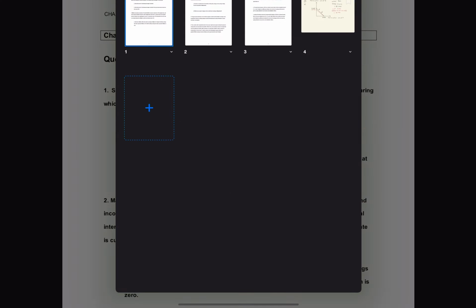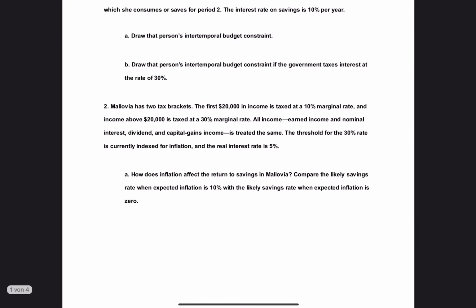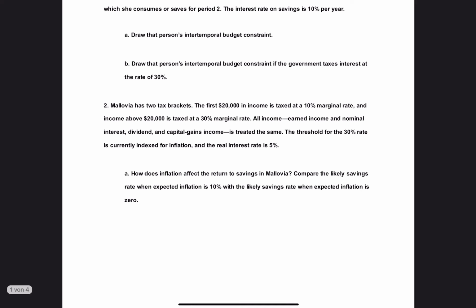Okay, let us come to question number 2. Bolivia has 2 tax brackets. The first $20,000 in income is taxed at 10% marginal rate, and income above $20,000 is taxed at 30% marginal rate. All income, earned income, nominal interest, dividend, and capital gains income is treated the same.